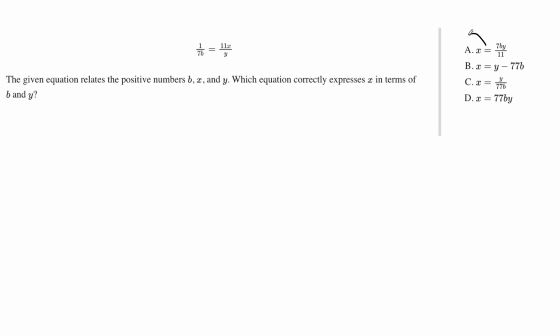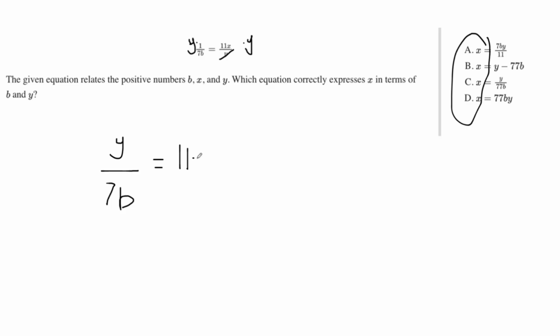As you can see over here on the other side, to solve, first we're going to multiply each side by y, which is going to cancel y out on that side. So you're going to have y divided by 7b equals 11x. And then you're going to divide each side by 11.